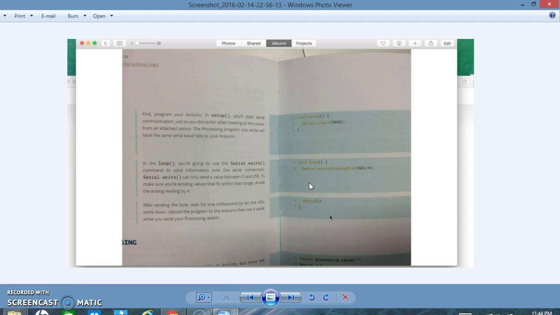The Arduino code is like a translator, interpreter, I don't know what you want to call it, but it transmits the information from the computer to the processing code.